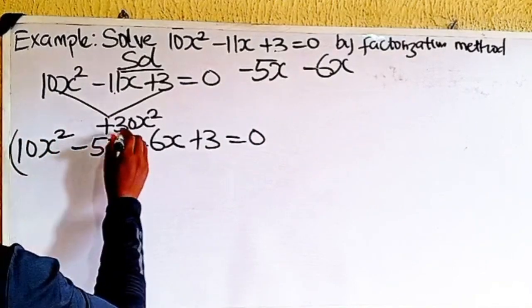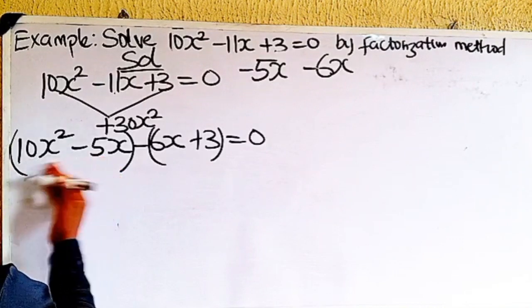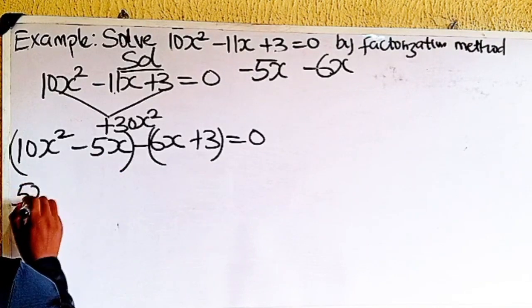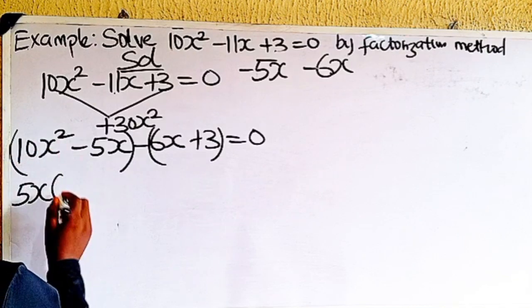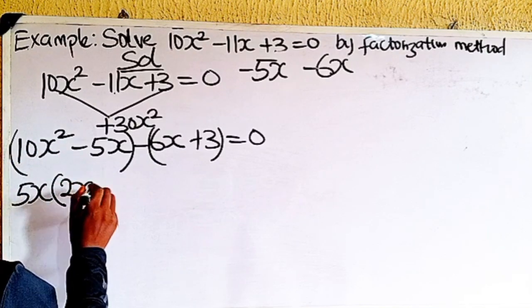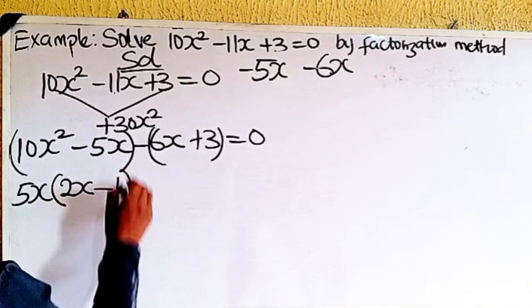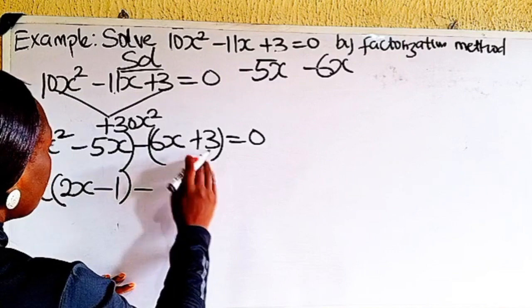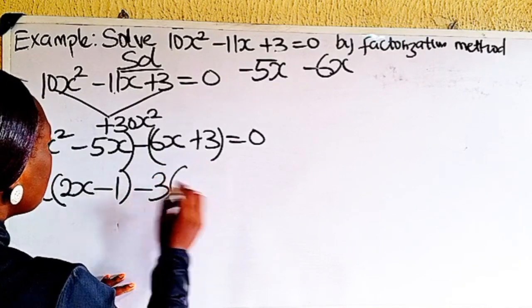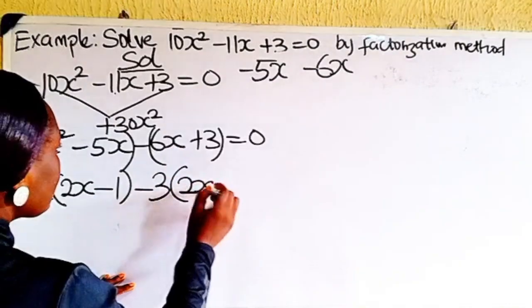Now breaking them into 2, the highest thing they have in common is 5x. 5x into 5x divided by 10x here, I'll have 2x. Minus 5x divided by 5x, I have 1. Minus, what is the highest common factor here? 3. 3 into 3 divided by 6x, I'll have 3x.